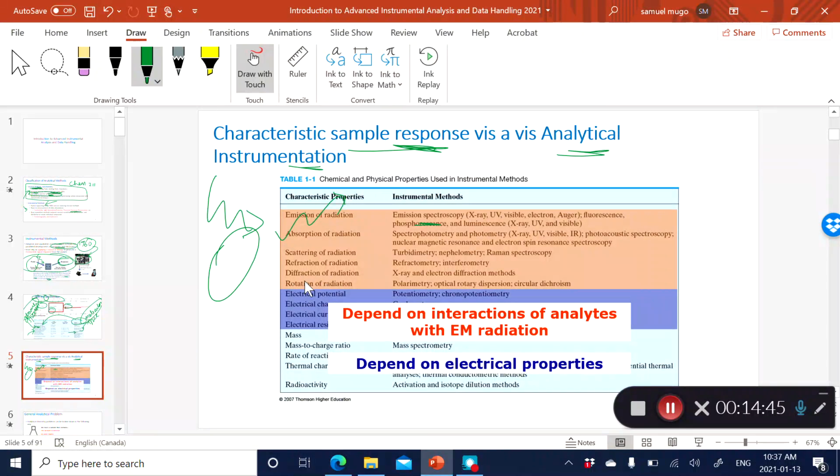But you also know the light can be rotated, especially if you're using microwave type of radiation.